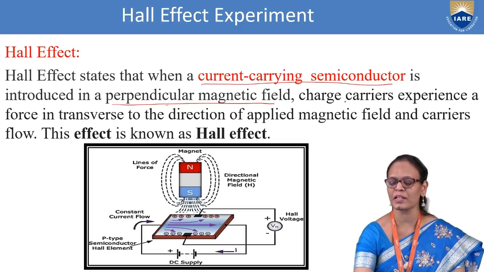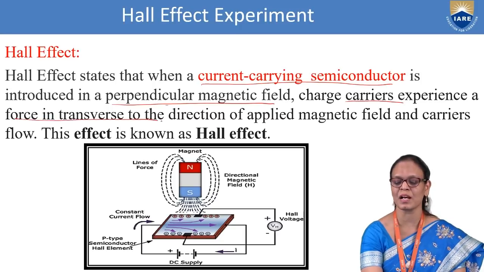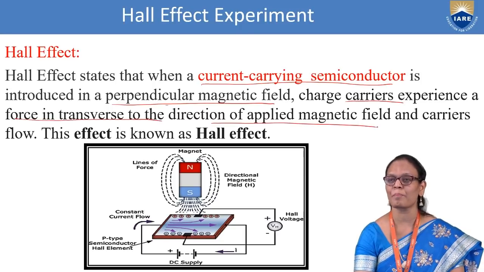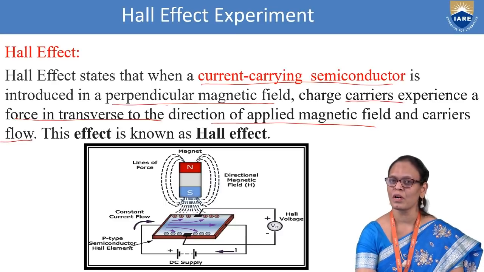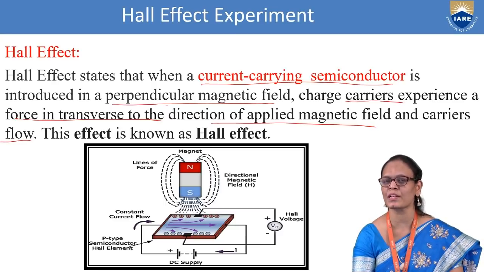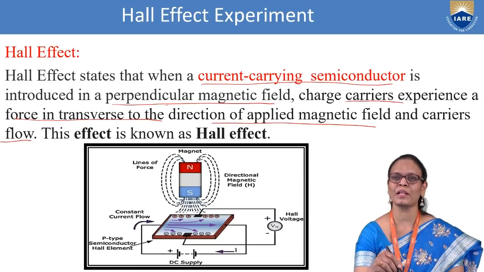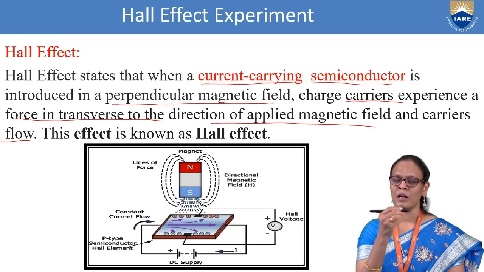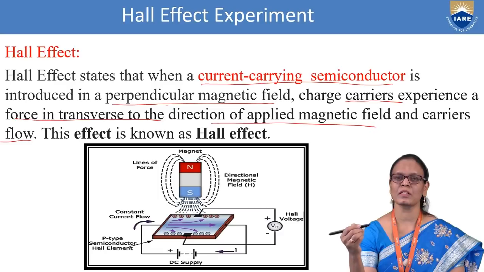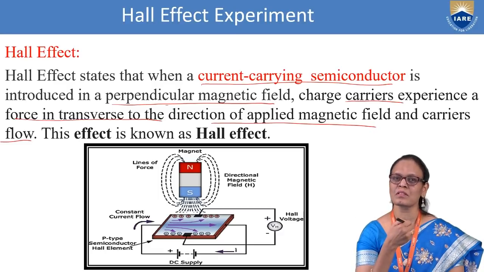Then the charge carriers will experience a force in a transverse direction to the applied magnetic field and the charge carrier flow. Now, how are these charge carriers experiencing force in a perpendicular direction to the magnetic field and the electric field? Suppose we have the current flowing along the x direction and the magnetic field along the z direction.